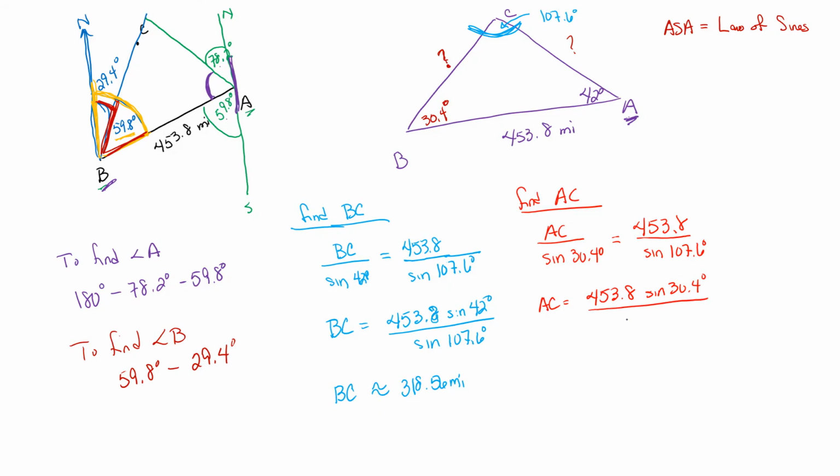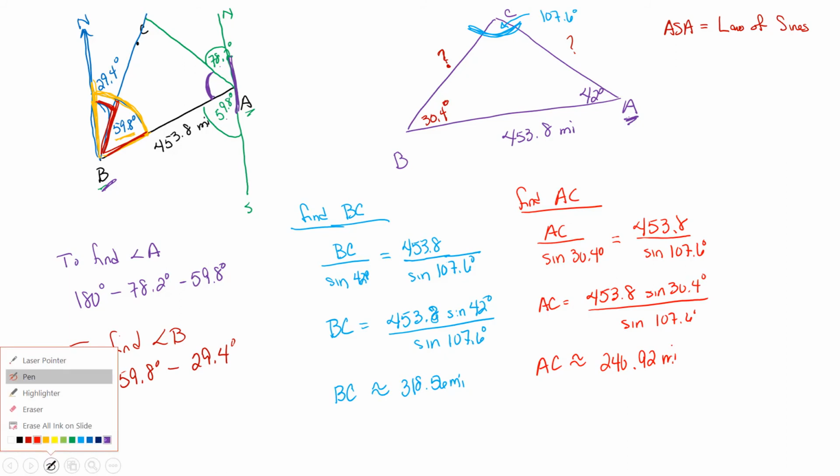And again, please make sure your calculator is in degree mode and don't round till the very end. So I have the length from A to C to be approximately 240.92 miles.